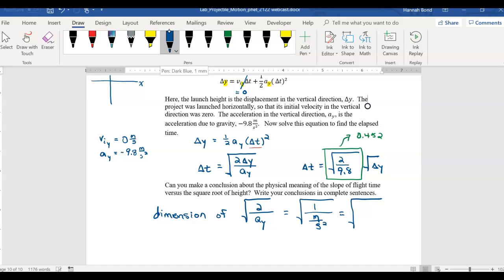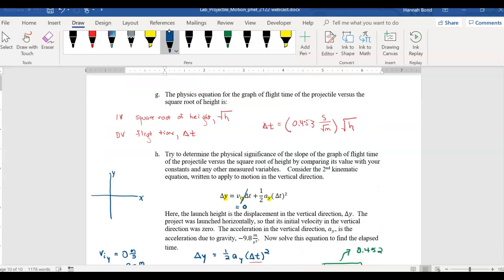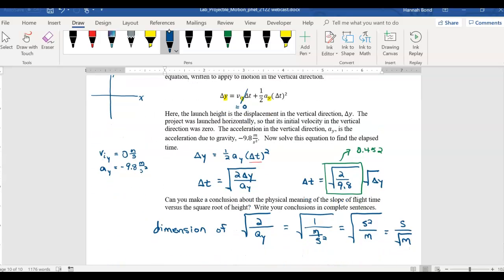That's the same thing as taking the square root of second squared over meter, right? 1 divided by something is the inverse of that thing. So this was the inverse of meters per second squared, which is seconds over the square root of meter. Oh my goodness, that is the same as the units of our slope up there in the physics equation.